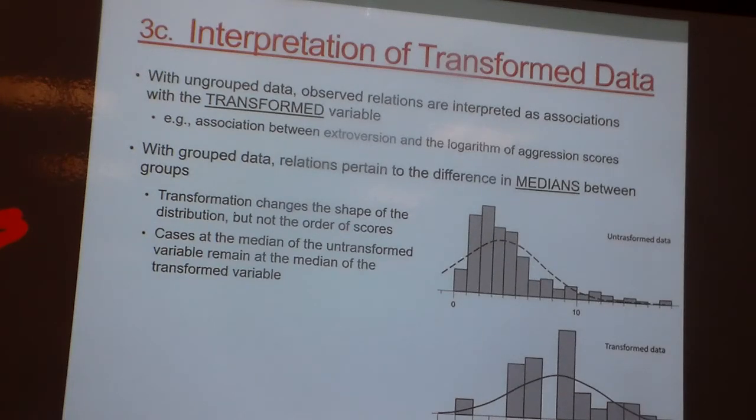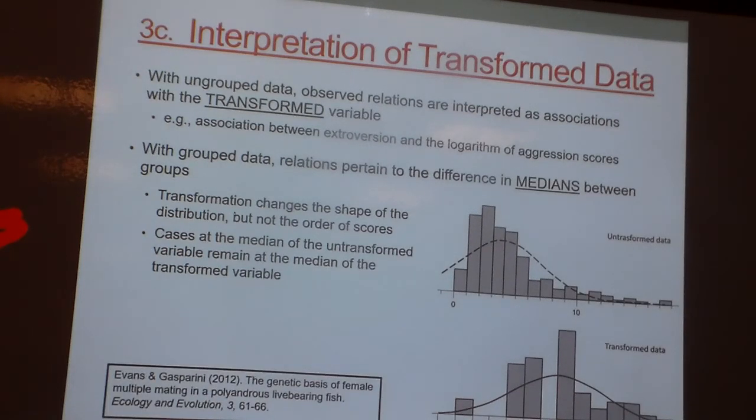This is about polyandrous live-bearing fish that I found off the internet, which I thought was interesting. I don't know what they're looking at in polyandrous fish, but this is the distribution of whatever outcome they were looking at, right? They decided this was too skewed for them to use, so they transformed those data. But whatever value is right here at the median is also right here at the median of this.